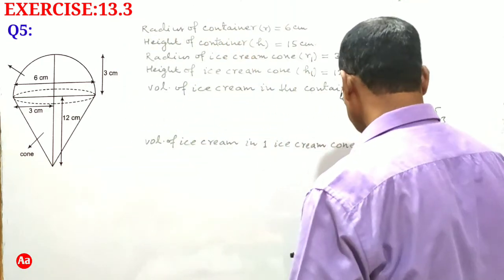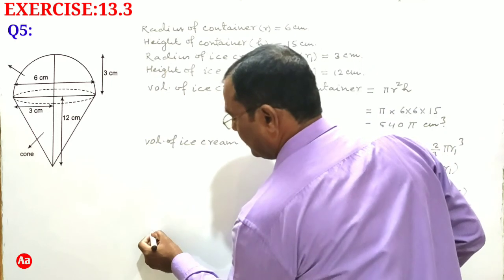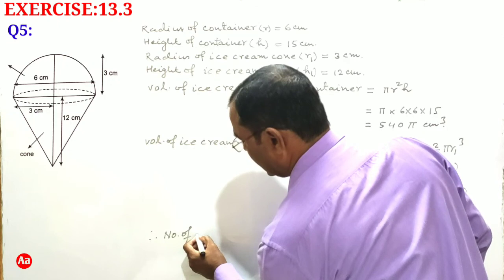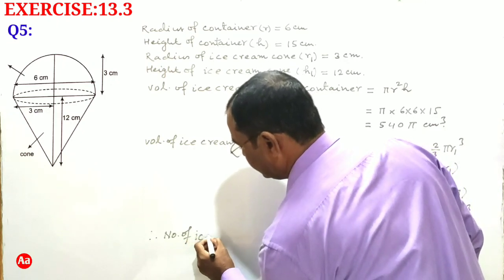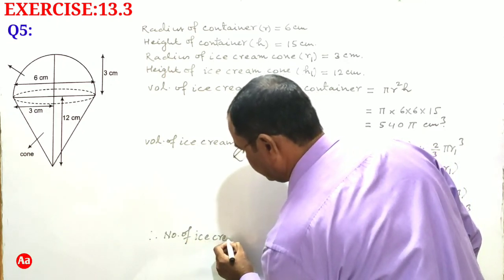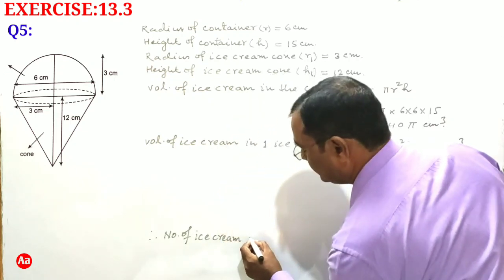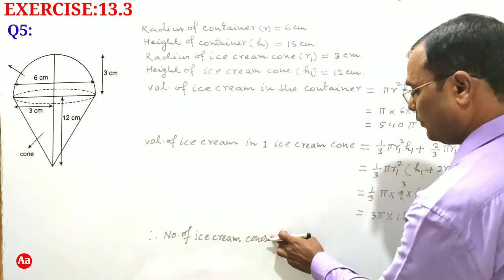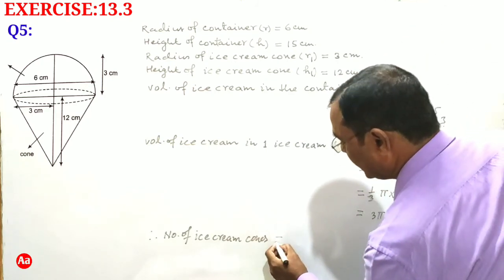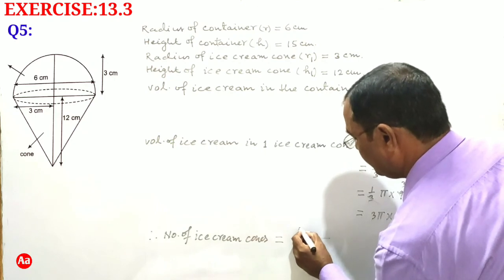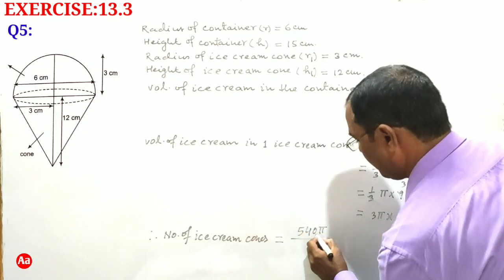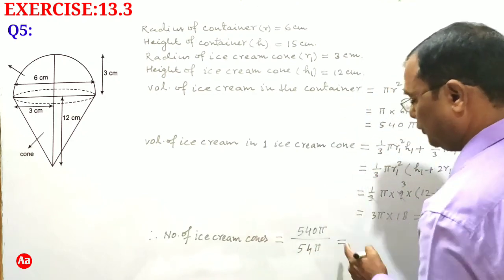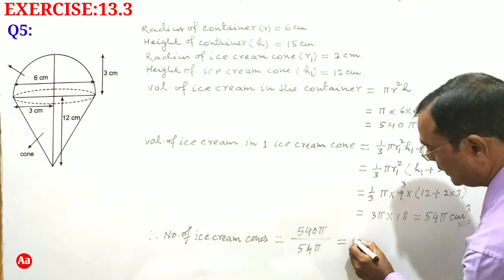So now number of ice cream cones required is equal to total volume of the ice cream, 540 pi, by 54 pi, that is 10.